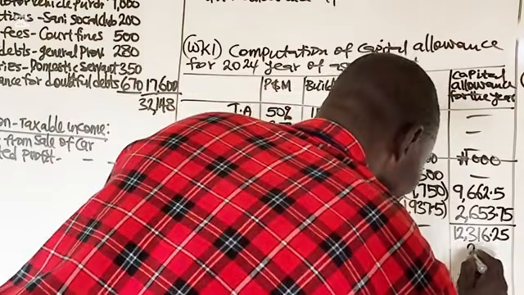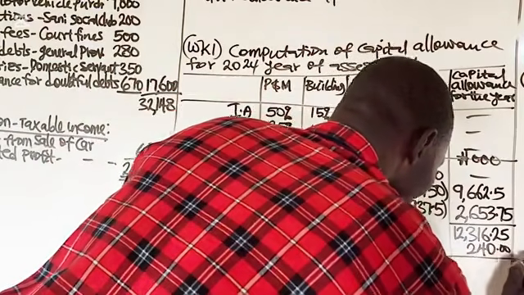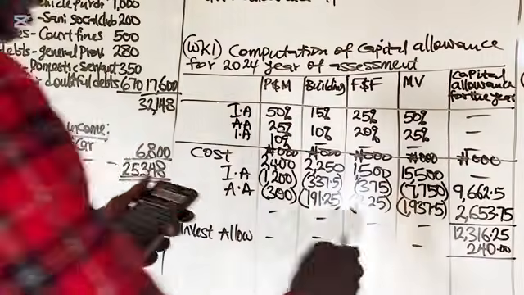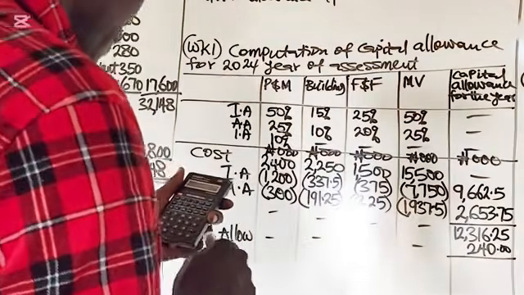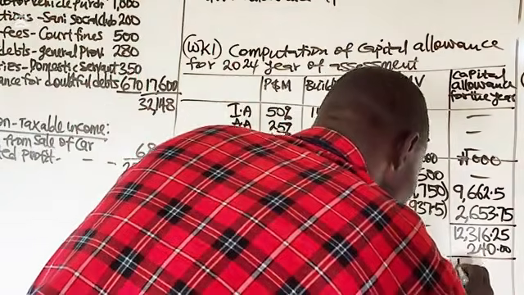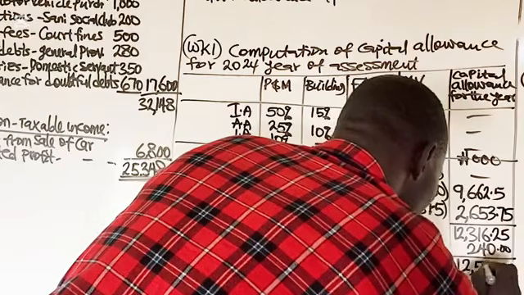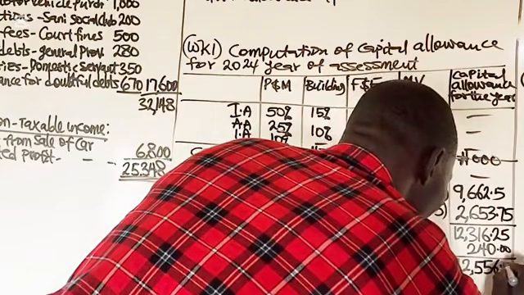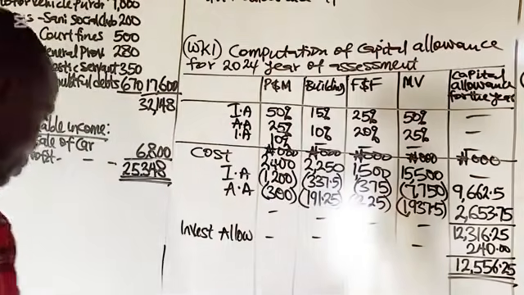So we have the investment allowance of 240,000. If you add it to 12,316.25, then we have 12,556.25. This is the capital allowance for the year.